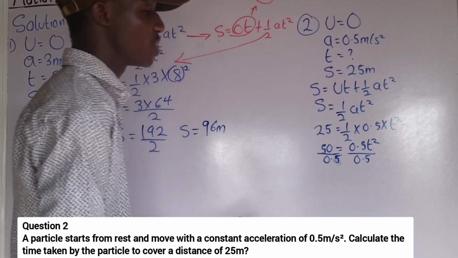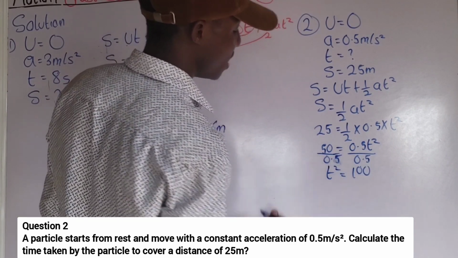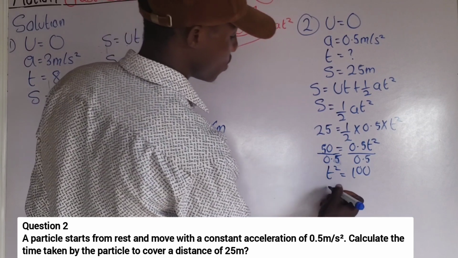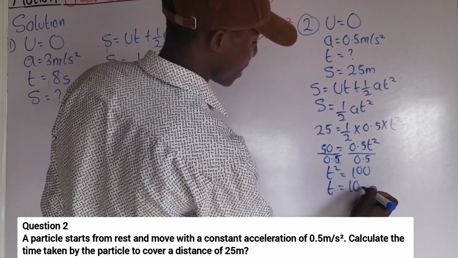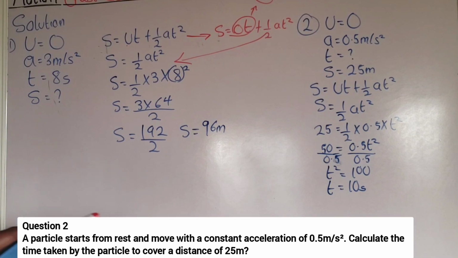Are you paying attention? So here I have t squared equals 100. Then you take the square root of both sides, so t equals 10 seconds. Do you understand how I got this solution?